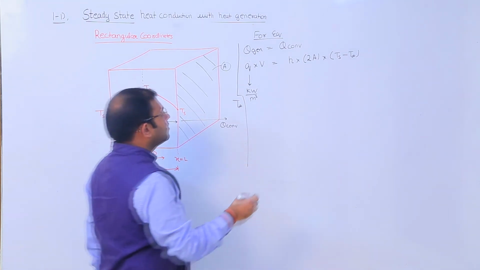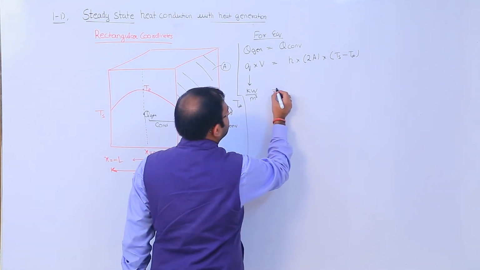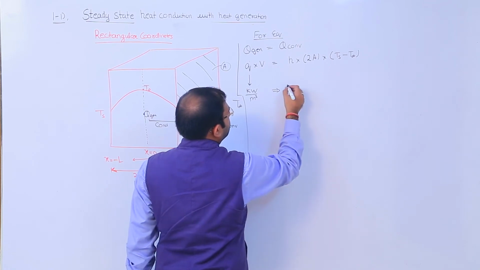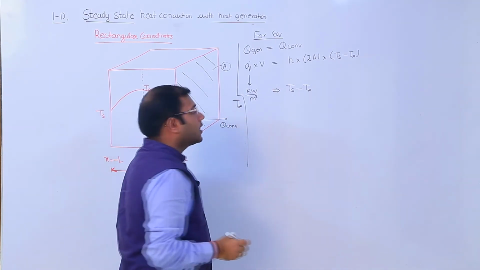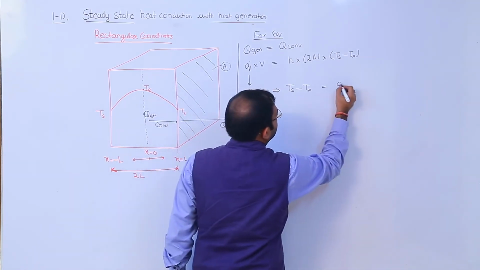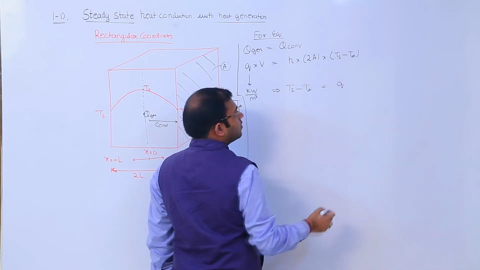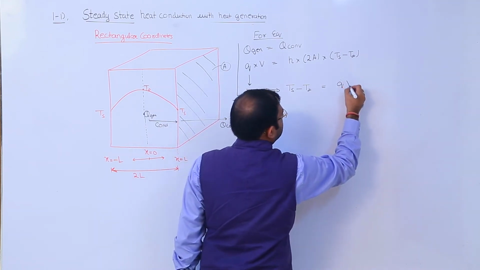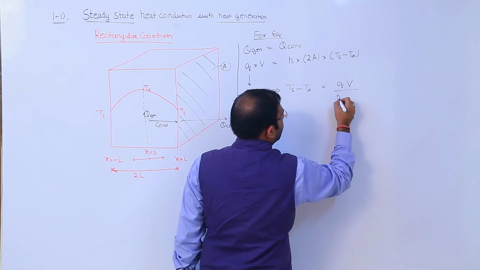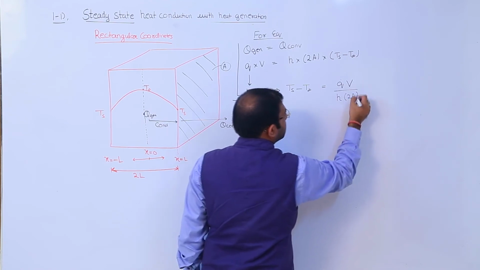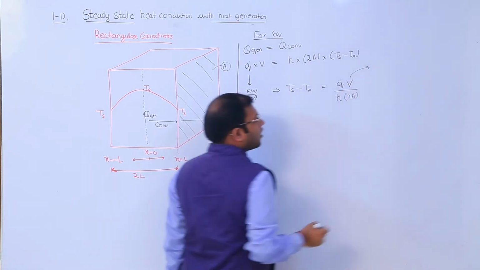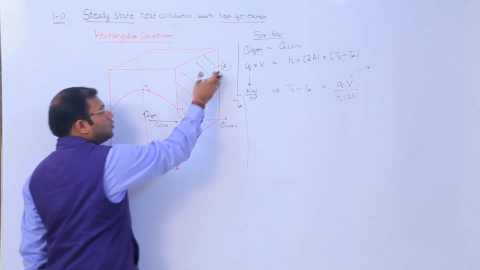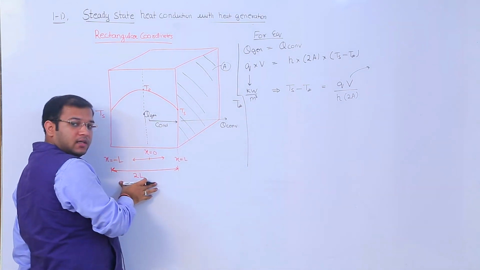So, from this we can write your Ts minus T infinity comes out to be your Q dot into V upon H into 2A, and this volume for rectangular slab will become equal to area into thickness.